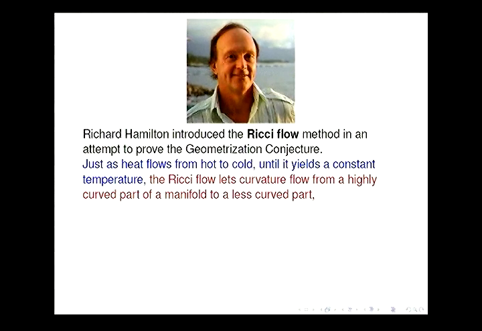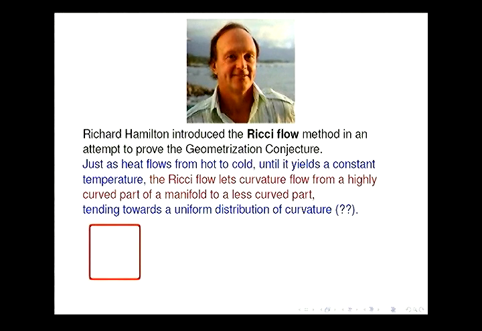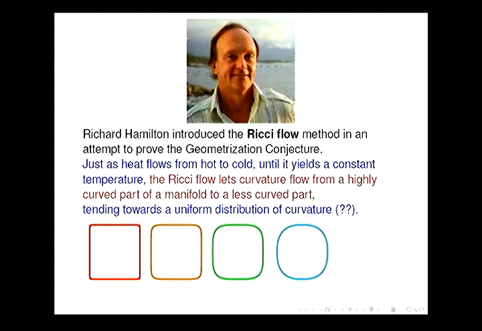And the hope was that in the limit, you'd have a kind of uniform distribution of curvature all over the manifold. So for example, in dimension 1, if we start with something like this, where the curvature is concentrated in the corners, and apply this Ricci flow, then the curvature would gradually spread out so that the corners become less curved and the curvature spreads out more and more.